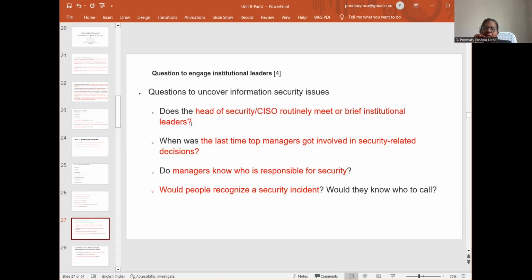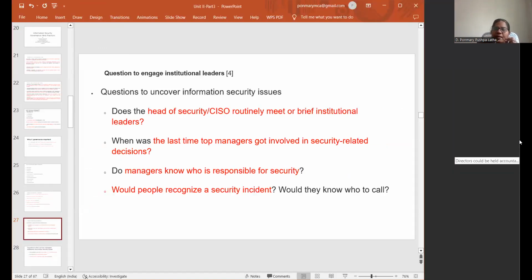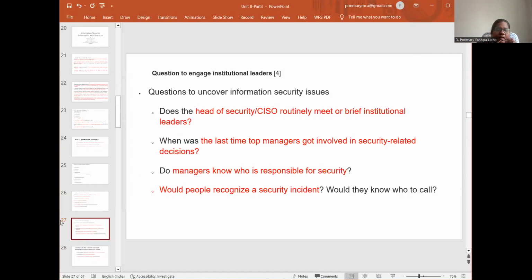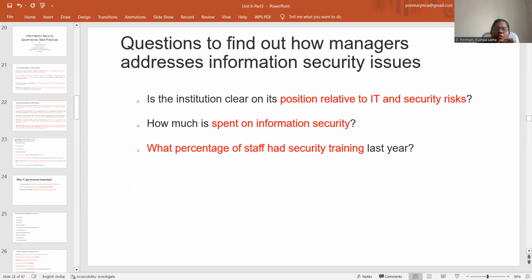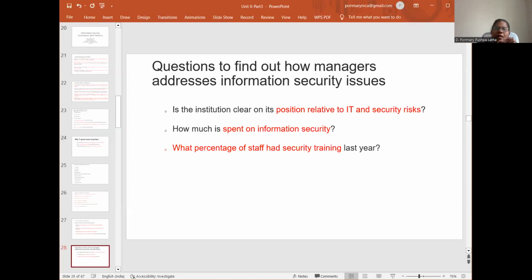Really, the managers are responsible for security. Would people recognize a security incident? There are some questions to find out how managers address information security issues.